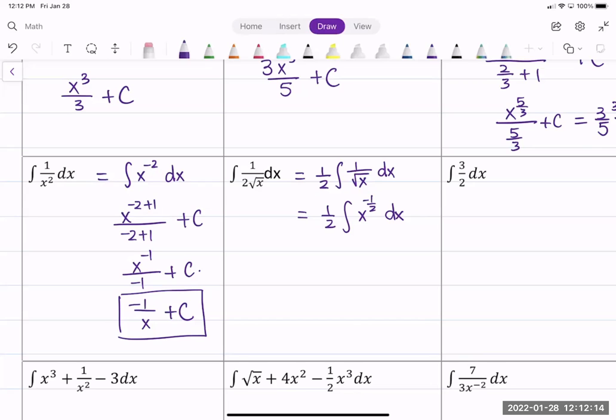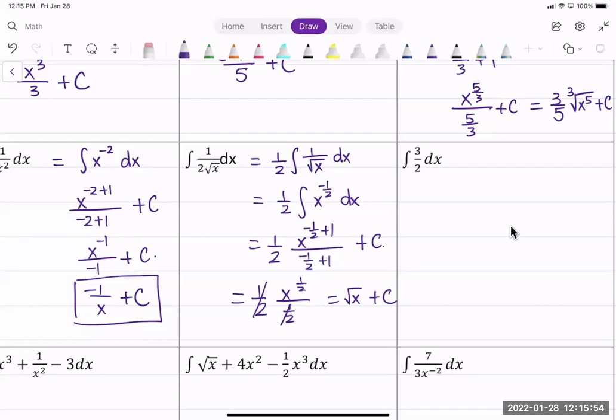Then we will have 1/2 x to the power -1/2 plus 1 over -1/2 plus 1, and then plus c. This will give you 1/2 x to the power 1/2 over 1/2. So the 1/2 and 1/2 cancel out, and I'm going to have square root of x plus c.